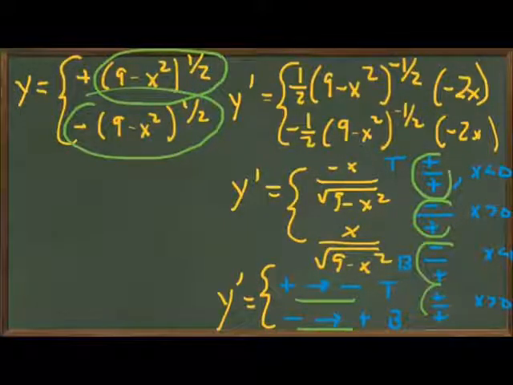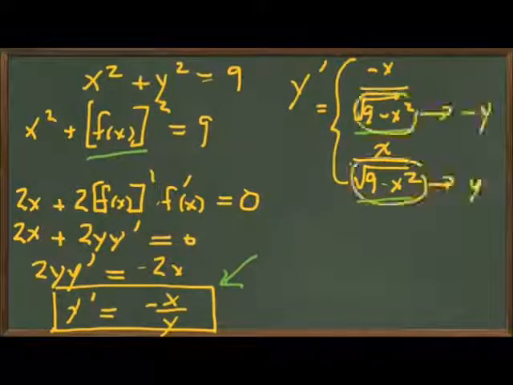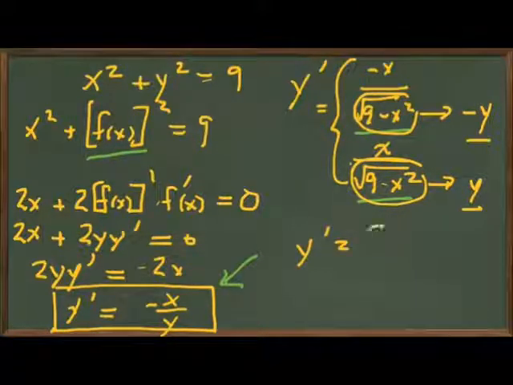So replacing them, replacing the square root here with y and the square root in the bottom half with minus y, we get y prime equals, on the top half of the circle, minus x over y, excuse me, I had that wrong.